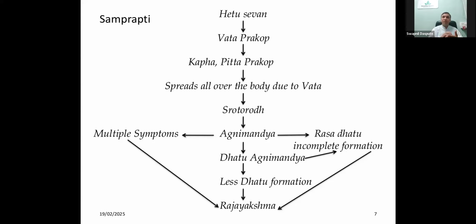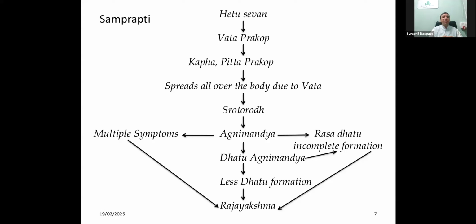Okay, so pittam pangu, kapha pangu, all the dhatus and the malas are pangu. Pangu means paralyzed. Okay, so don't take the literal meaning of paralyzed. It is that they do not have any capacity to move on their own. So they move in the body only because of vata.